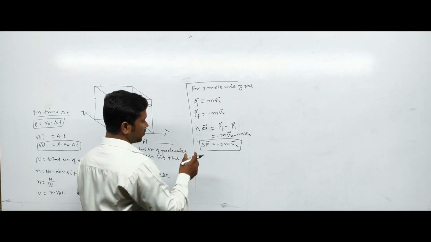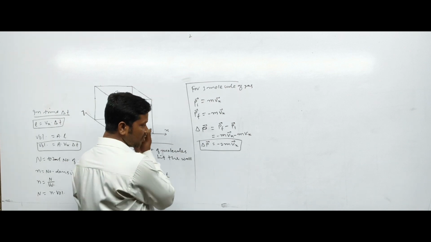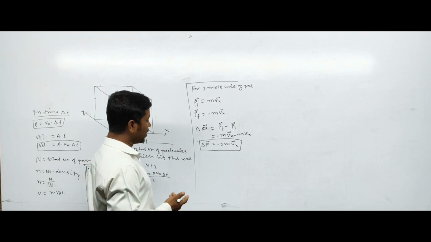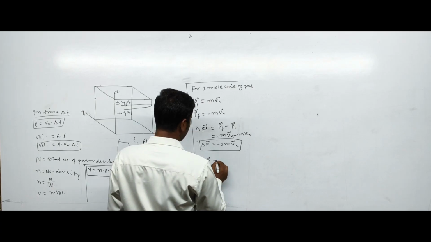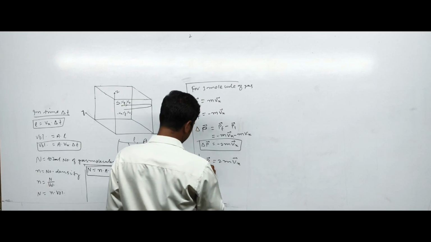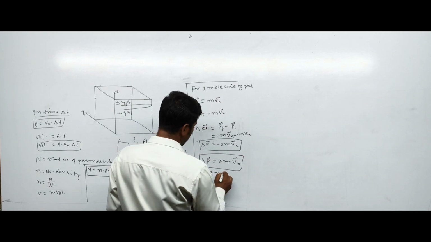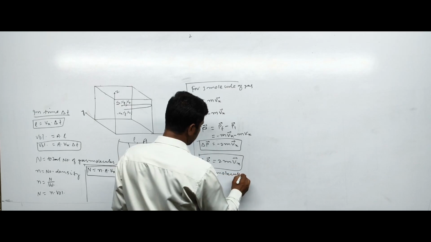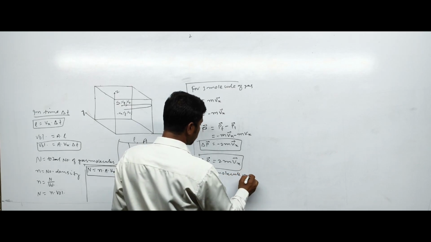So the change in momentum by the molecule on the wall is del P equal to 2 m Vx. This is by the molecule on the wall.